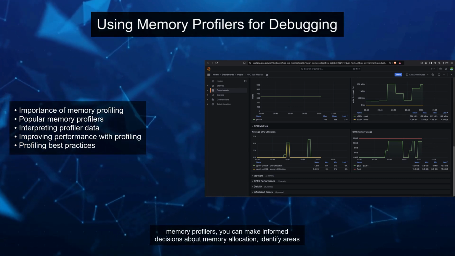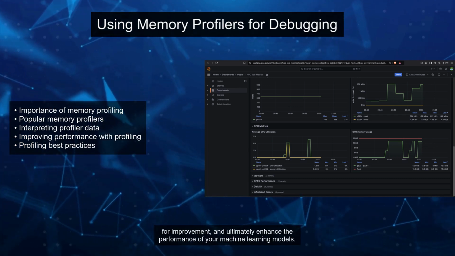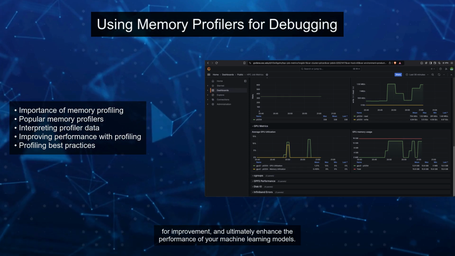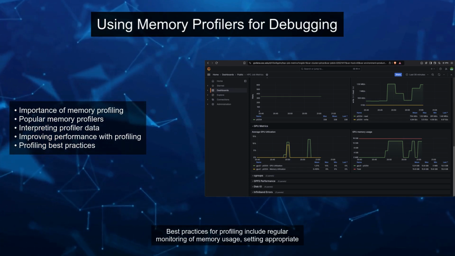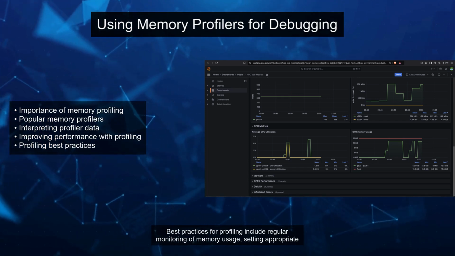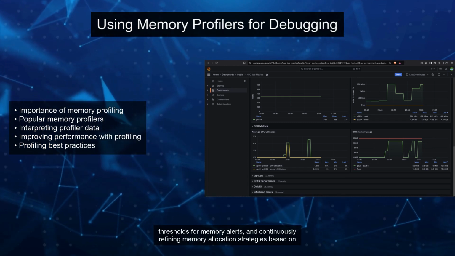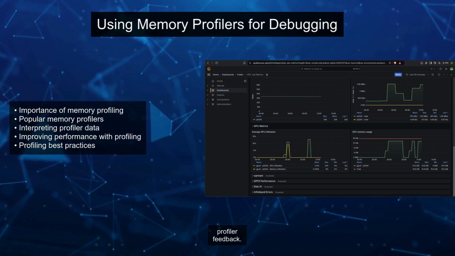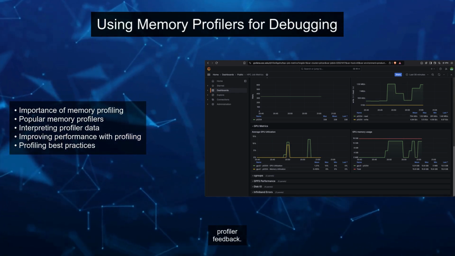By using memory profilers, you can make informed decisions about memory allocation, identify areas for improvement, and ultimately enhance the performance of your machine learning models. Best practices for profiling include regular monitoring of memory usage, setting appropriate thresholds for memory alerts, and continuously refining memory allocation strategies based on profiler feedback.